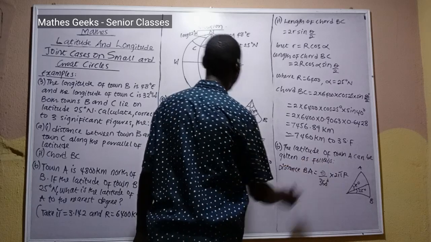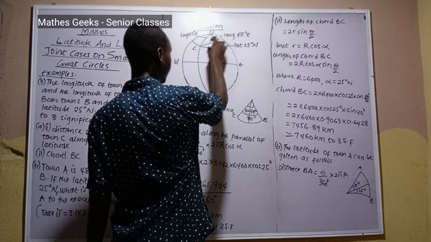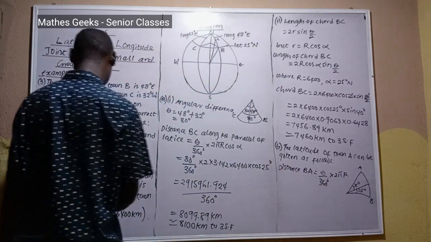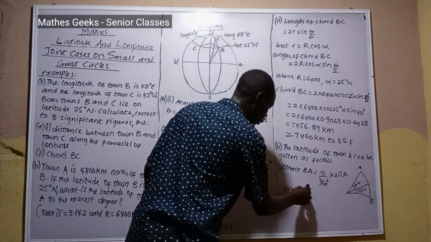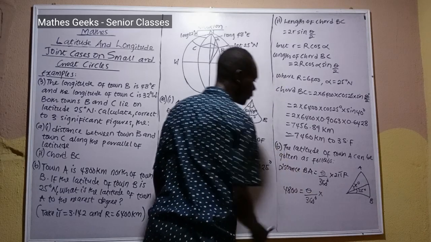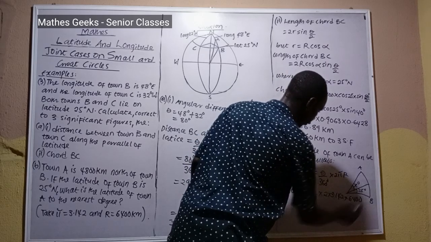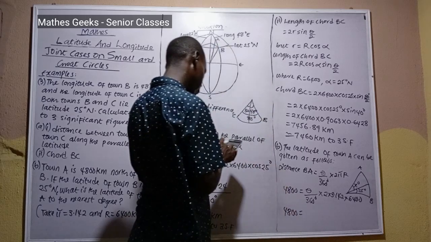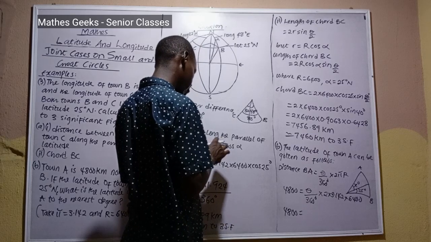The angular difference is the difference between latitude B and latitude A. The distance is given to us as 4,800 kilometers. So we have 4,800 equal to theta over 360 degrees times 2 times 3.142 times 6,400.